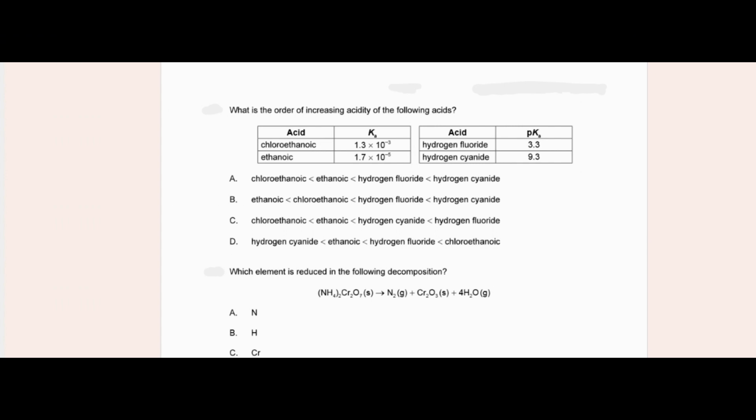What is the order of increasing acidity of the following acids? So the trick here is you're given two tables, one's the Ka, one's the pKa. The bigger the Ka, the stronger the acid, and the smaller the pKa, the stronger the acid.